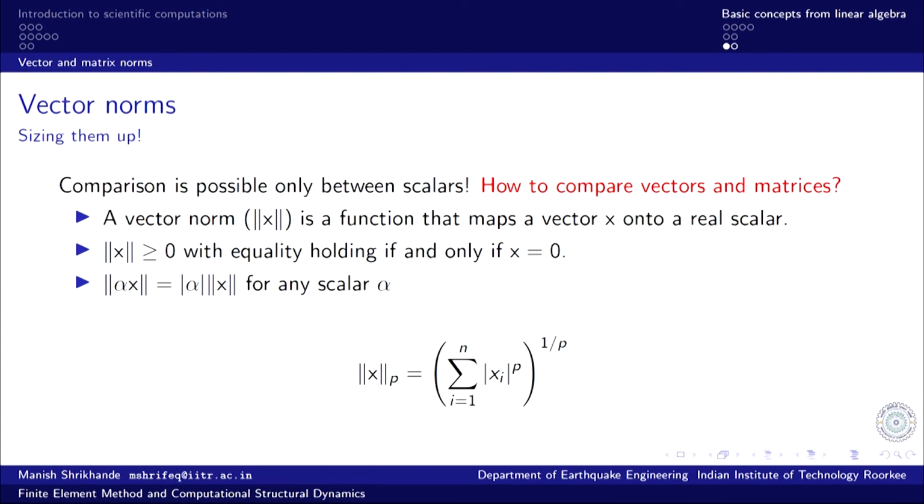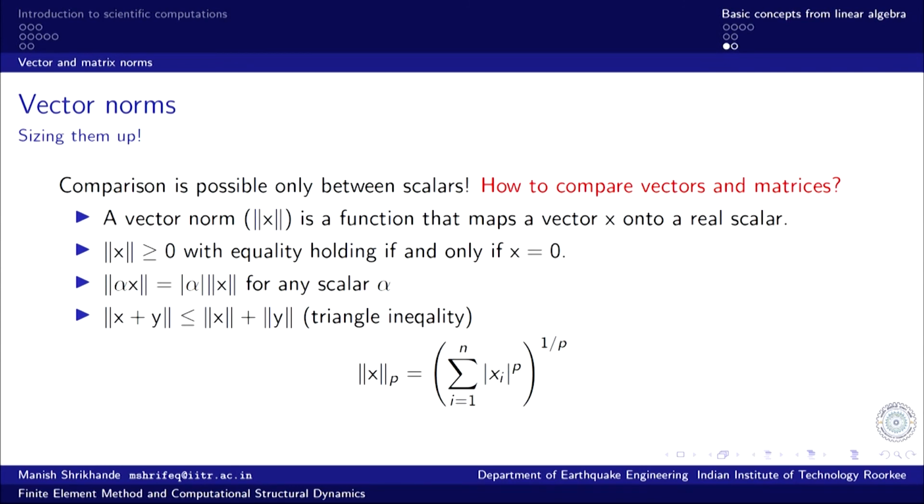The norm of alpha times x is the same as alpha times the norm of x for any scalar number alpha. And then we have the triangle inequality: the norm of x plus y is less than or equal to the sum of the individual norms.